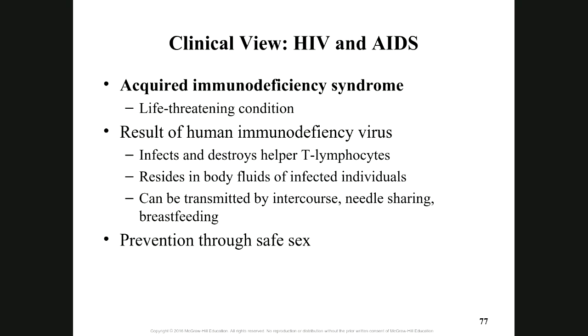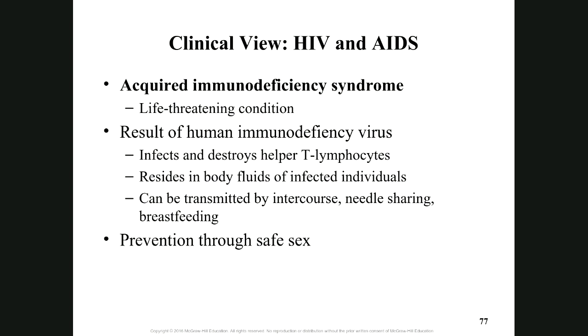And we have a disease which we call acquired immunodeficiency syndrome, or AIDS. This problem is a life-threatening condition that is the result of the human immunodeficiency virus, or HIV. HIV infection targets the immune system, in particular the T helper cells, the cells which contain CD4 on their surface.